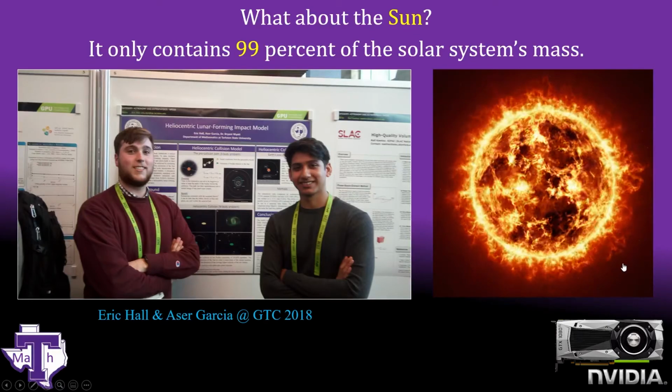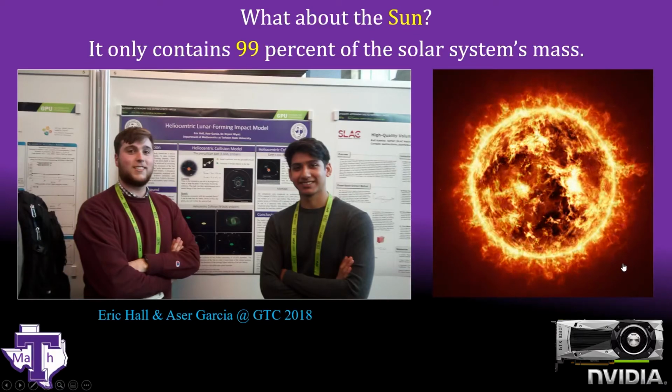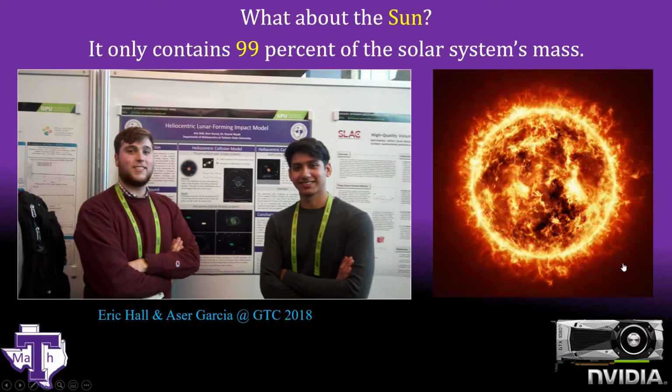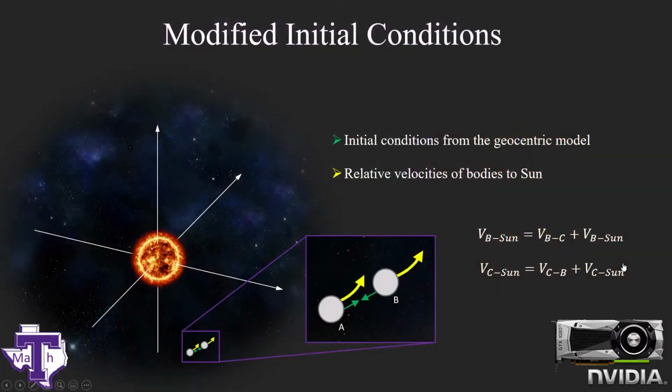So we wanted to add the sun to our simulations and see what happened. So what we did, we took the initial conditions from the last project, added the sun, and ran our initial conditions backwards to see where these two planets originated. And they should originate inside the asteroid belt.